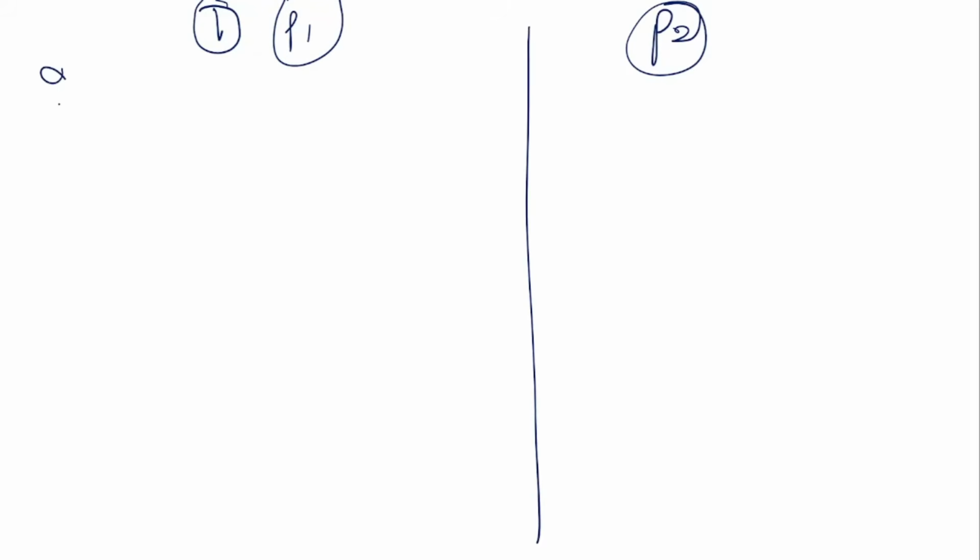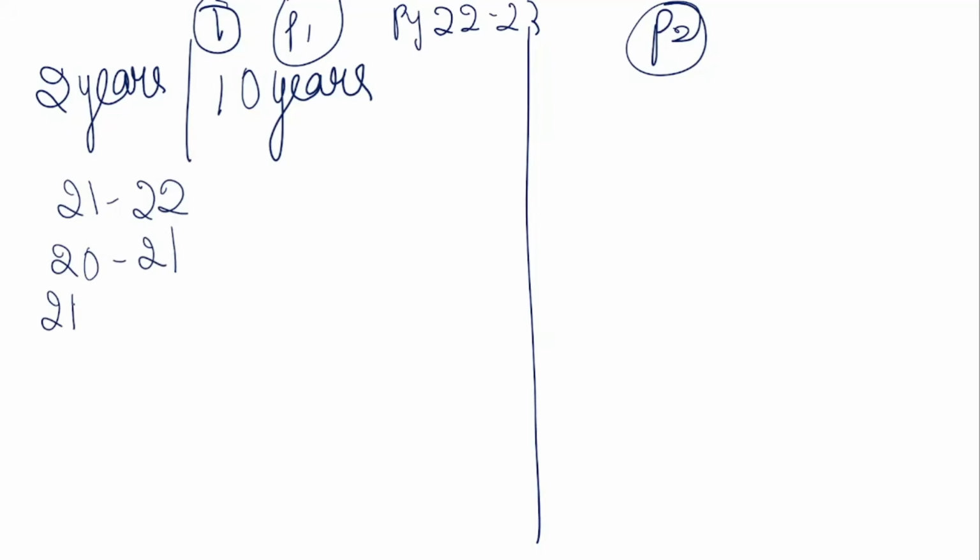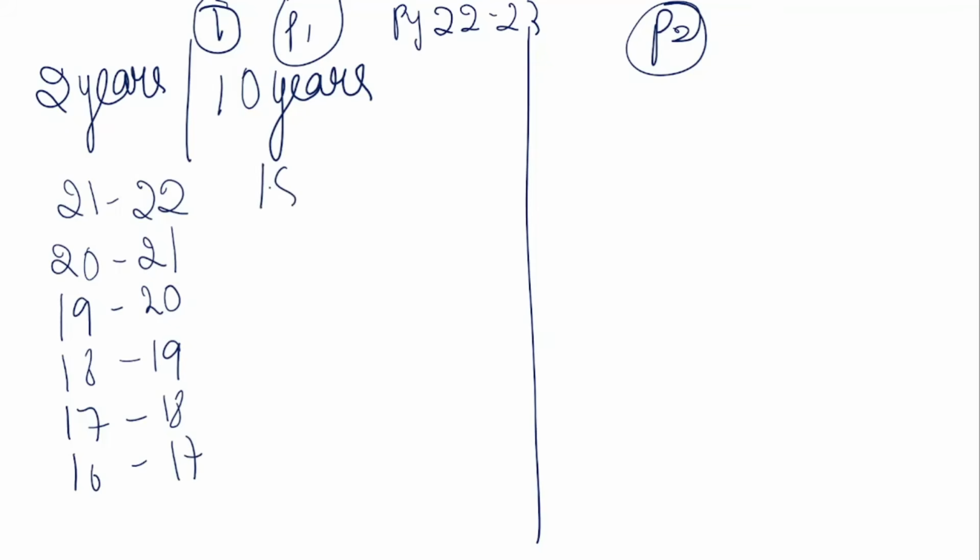Part 1 says 2 years out of 10 preceding previous years. Now our previous year is 22-23. Preceding and before that, so 21-22, 20-21, 19-20, 18-19, 17-18, 16-17, 15-16, 14-15, 13-14, 12-13.